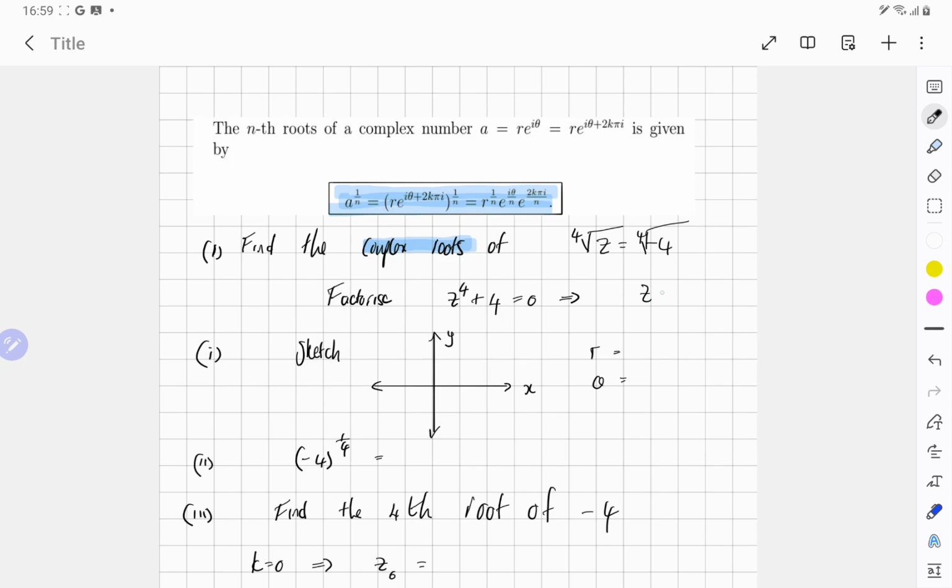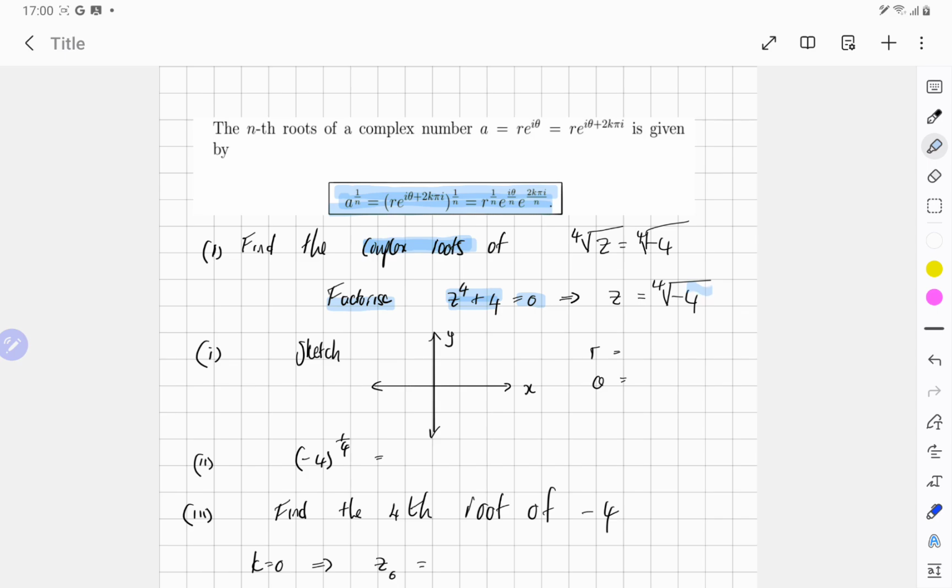Just to recap what I said earlier, do not confuse that with De Moivre's theorem. So they can also ask it differently by asking to factorize, in which case we will also get z by itself. So in other words, we're going to find the 4th root of negative 4.